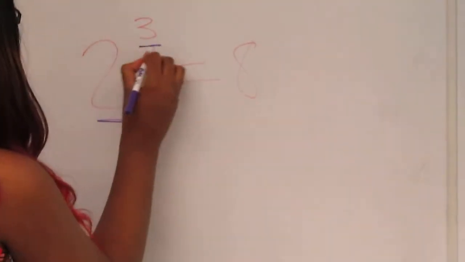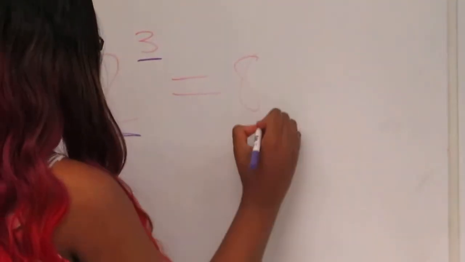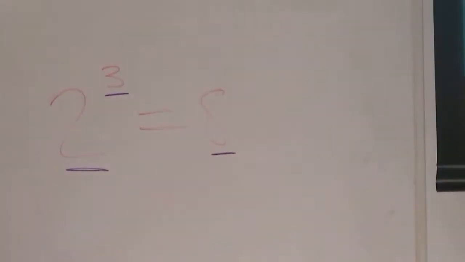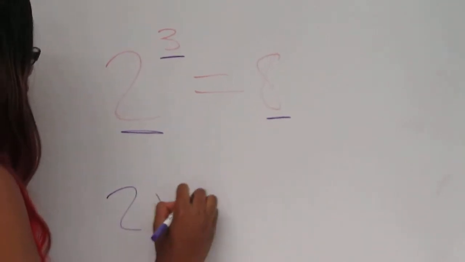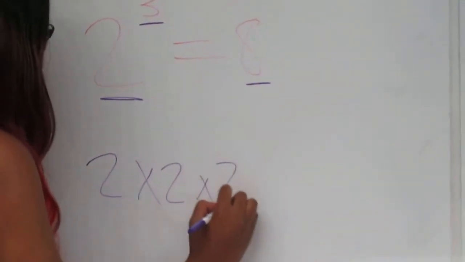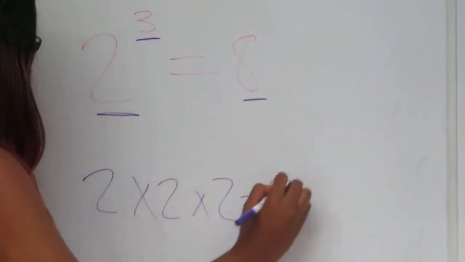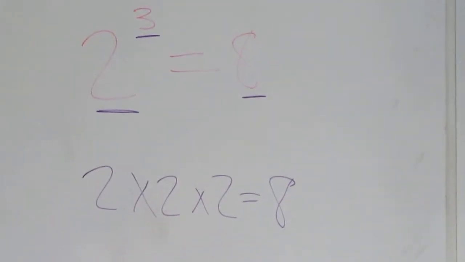The exponent is 3. And the answer is 8. To calculate this, you would do 2 times 2 times 2, which gives you the answer of 8. This is exponential form.